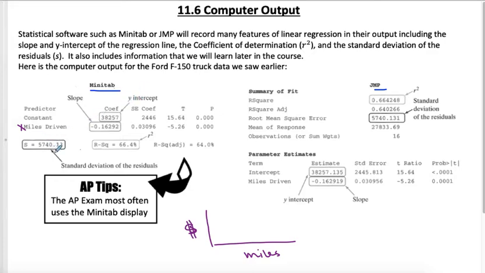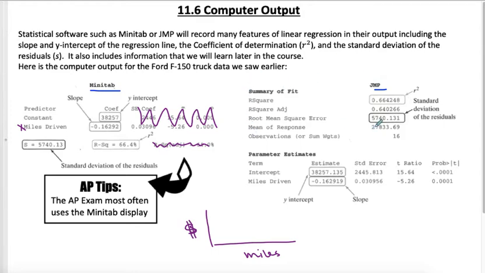Then it also gives us the standard deviation of residuals, which we talked about in 11.5, and it gives us R squared here. It calls it capital R squared, 66.4. We won't be using any of this other output. It does give us p values and our t values, but we won't be using that as far as our interpretations here.